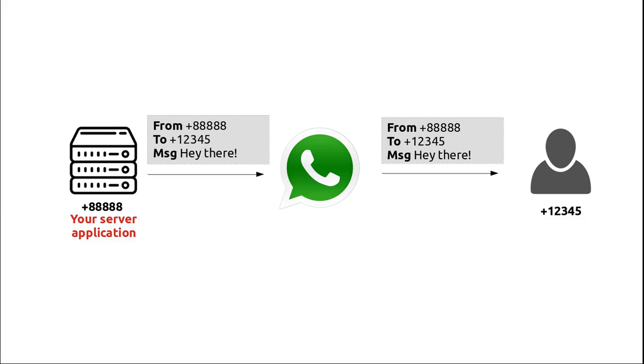For example, it will send, from the user with the phone number 88888, a message to the customer with the phone number 12345, and the message is, here there. The WhatsApp server through the WhatsApp API will receive this message and then simply forward it to your customer. In this way, a kind of communication can happen between you and your customer.